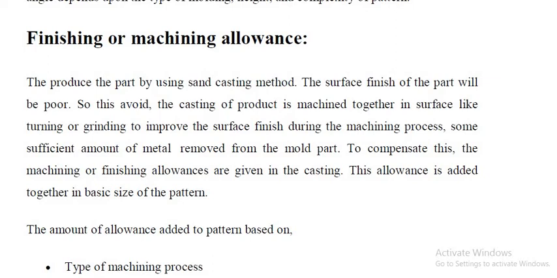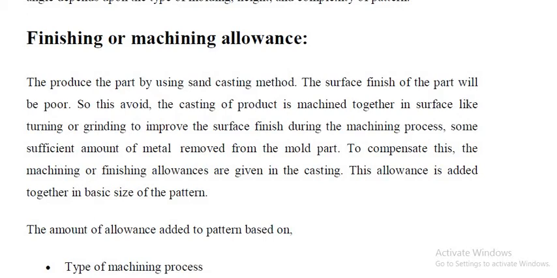This allowance is generally added to the basic size of the pattern. It is given because we know the pattern should be larger, as there will be some dimensional and surface finish deviation. If you remove that part, the surface finish will be better and the dimensional accuracy will be better too. That's why we give this finishing or machining allowance.